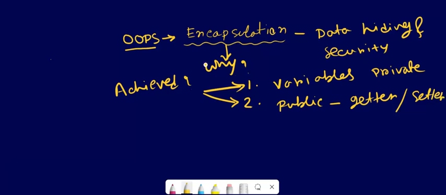Anybody who wants to change the value of a variable can change it by using the setter method, and if they want to get the value they will use the getter method. That means there is no direct access to the variable, and that increases the security.